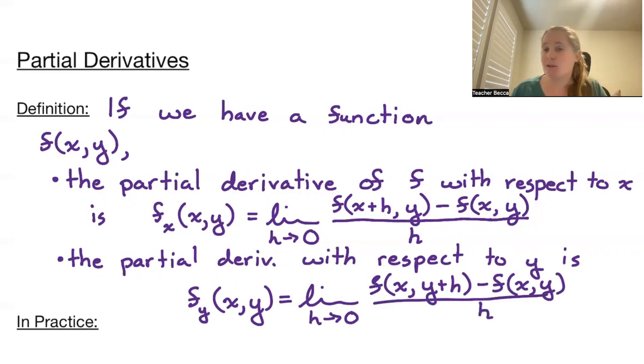In this case, we're leaving x fixed. It's not at all involved in the limit. We're essentially having two y values very close together and finding the slope of the secant line between those 2 points. So we have one in the x direction, one in the y direction, and we hold the other variable fixed.